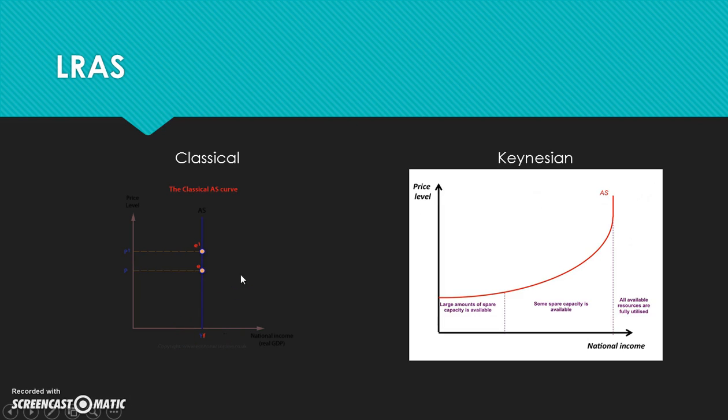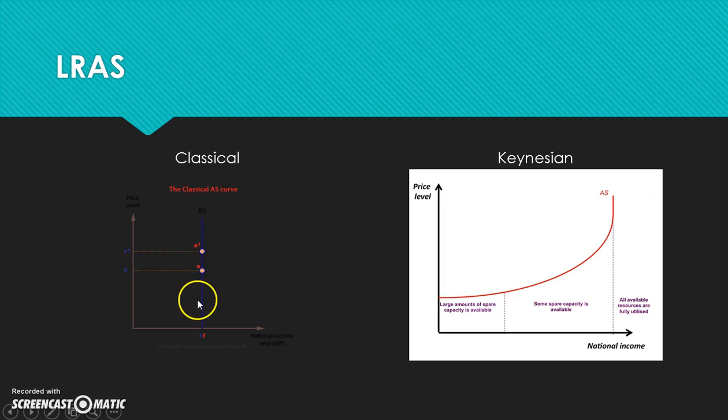So with classical aggregate supply, it assumes that businesses are working at full capacity. And even if they wanted to, they wouldn't be able to produce more supply. So even if demand went up, even if the price went up, supply is fixed in this one position. Now that doesn't mean that the line itself cannot move left and right.